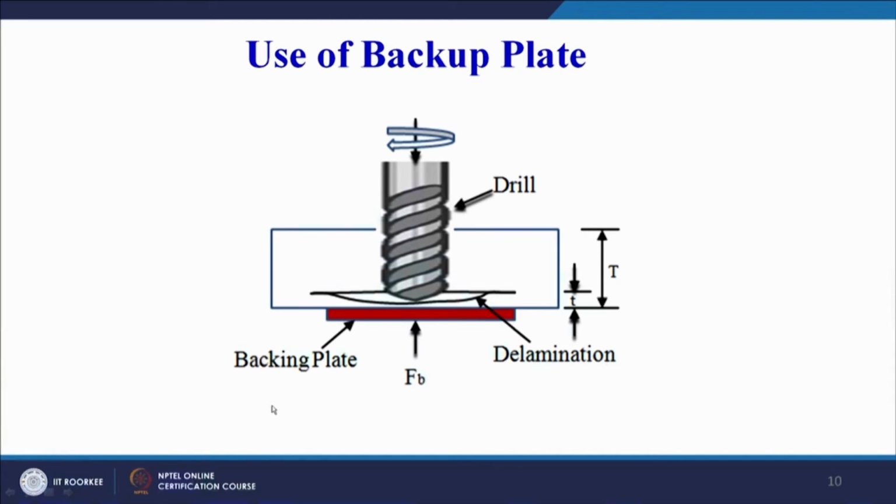If you remember, in the previous session I showed the push down type of delamination. Push down type of delamination occurs towards the bottom layers of the laminate when the drill just exits from the hole.